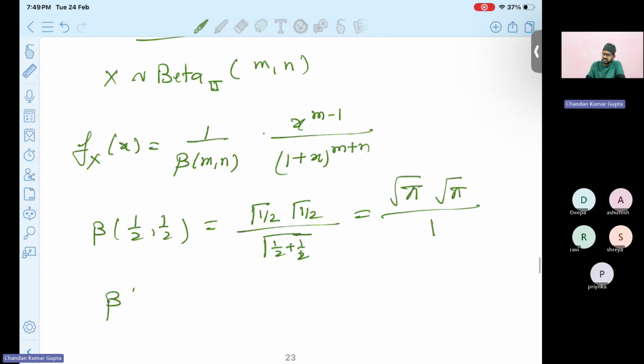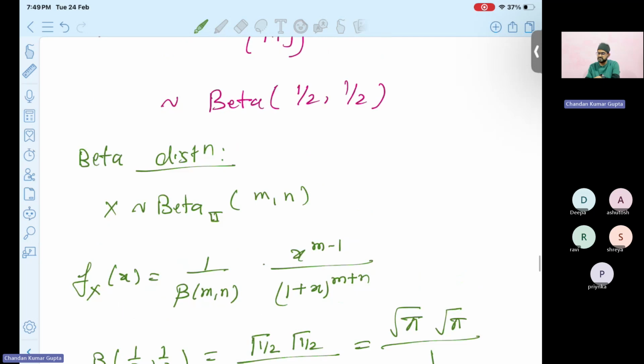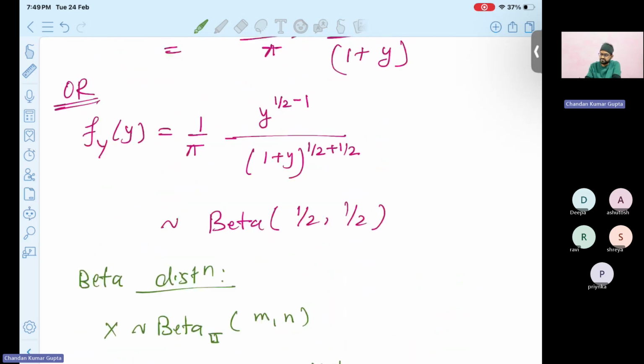So beta half, half comes out to be pi. So this is 1 upon pi, and y to the power m minus 1 over 1 plus y to the power m plus n. So it overall comes out to be a beta distribution of the second kind with parameters 1 by 2, 1 by 2.